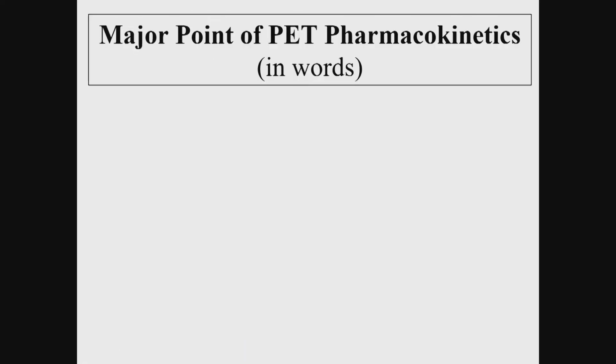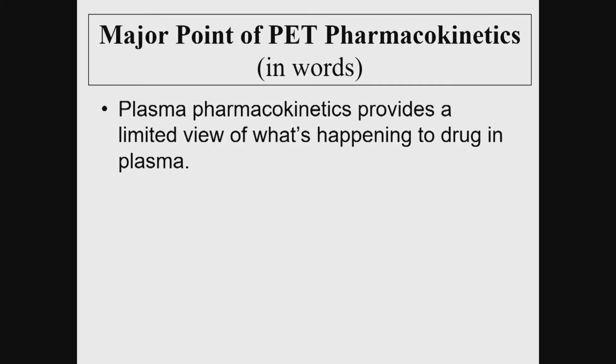Okay, so the major point of PET pharmacokinetics in words can be done this way. The plasma pharmacokinetics provides a limited view of what's happening to the drug in plasma. And you will receive many lectures on pharmacokinetics. And what they are talking about is the concentration of drug in the blood over time, kinetically.